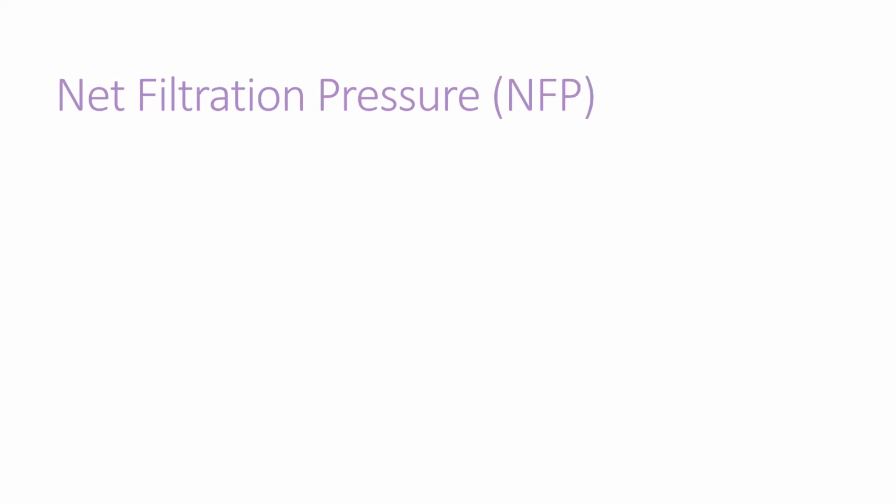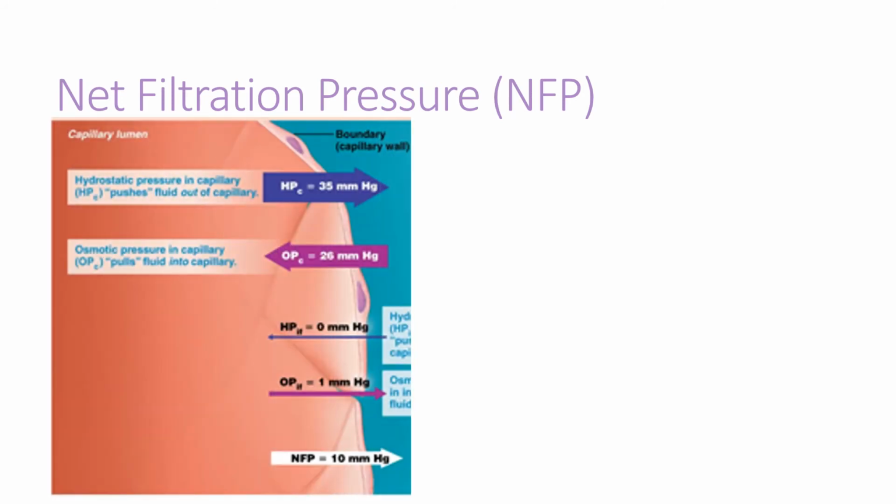So if we take a look at what's happening on the arterial and the venous end, we can start to get an idea of the net filtration pressure. That is the difference between hydrostatic pressure and the colloid osmotic pressure. On the arterial end of a capillary bed, hydrostatic pressure represents 35 millimeters of mercury.